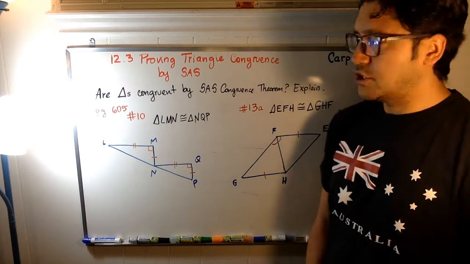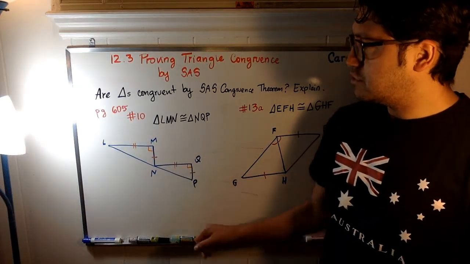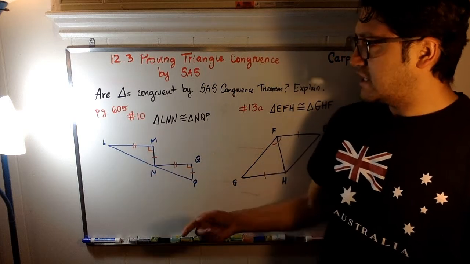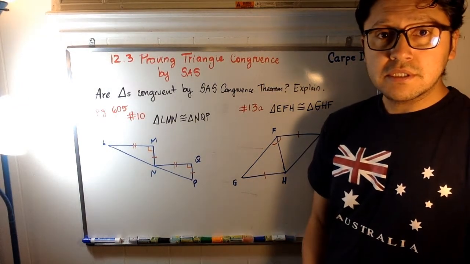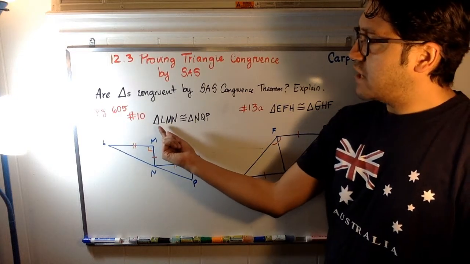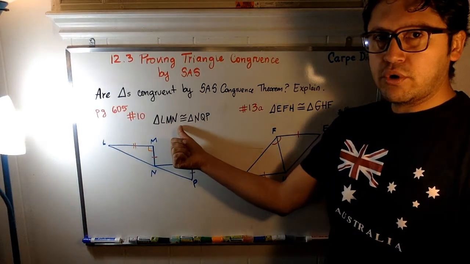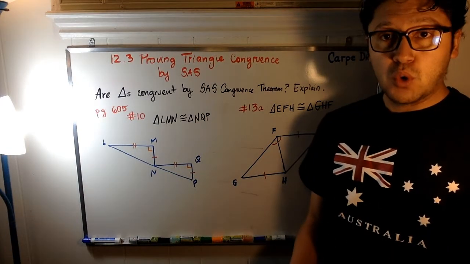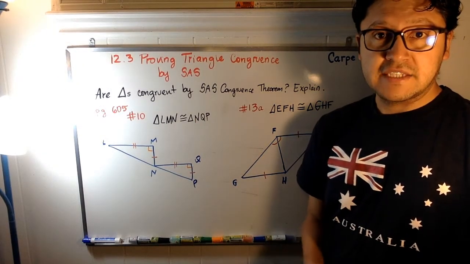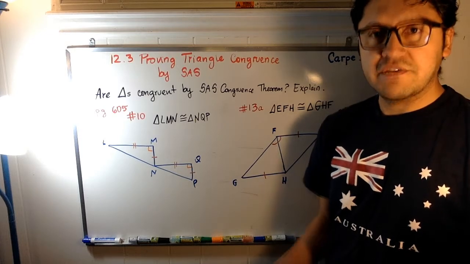This exercise is showing you a couple of triangles, triangle LMN and triangle NQP. And the statement is that triangle LMN is congruent to triangle NQP. Now we have to show using the SAS Congruence Theorem if that is true.